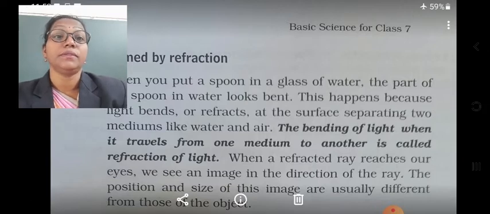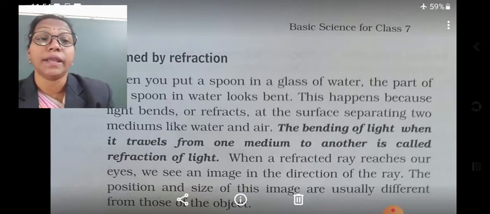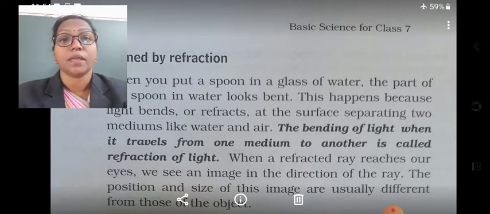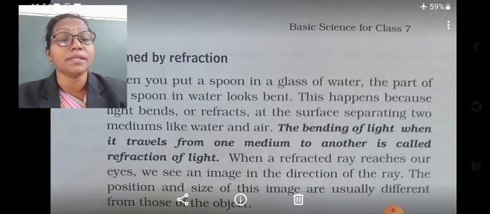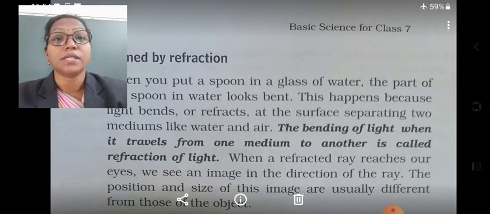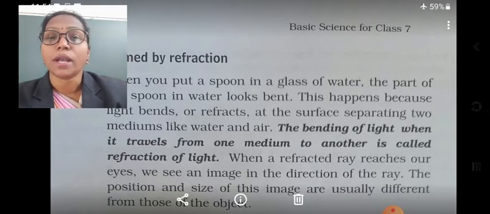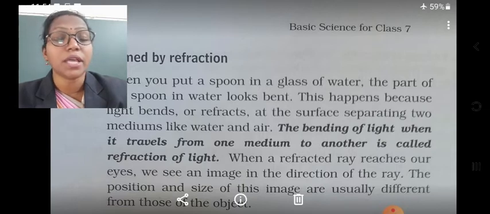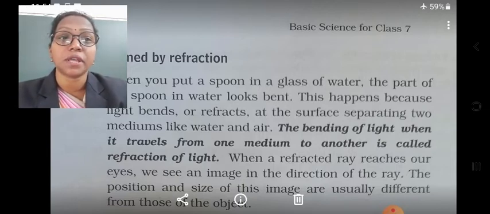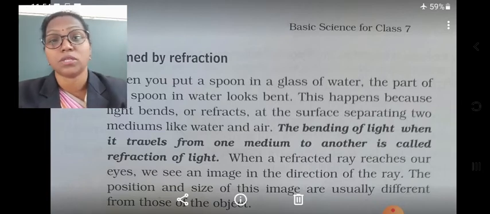So, when a refracted ray reaches our eyes, we see an image in the direction of the ray. It means where the light bends, from that region the light ray refracted comes to our eyes, and in the direction of the refracted ray, we see an image.